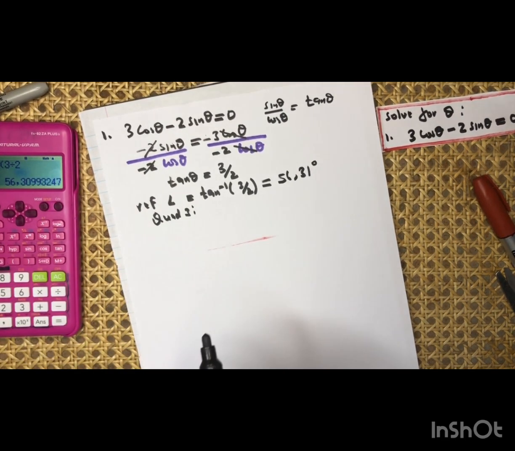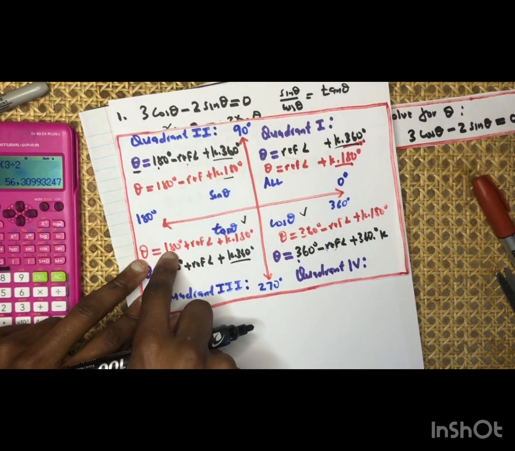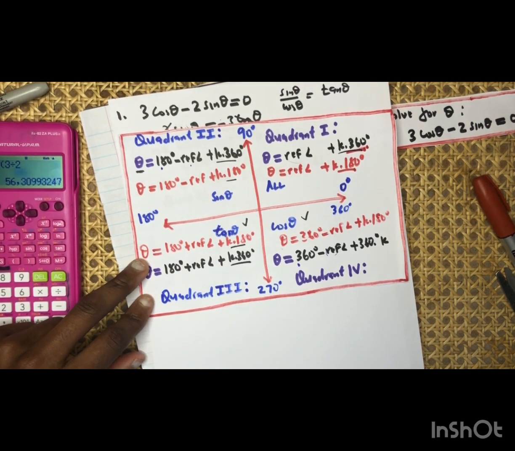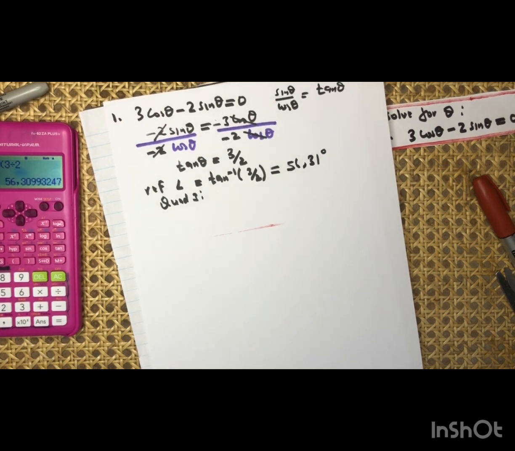For quad 3, we said that for tan it is 180 plus the reference angle plus the period of tan, which is k times 180 degrees. You can use 360 if your teacher used 360, but you are going to do it a different way.